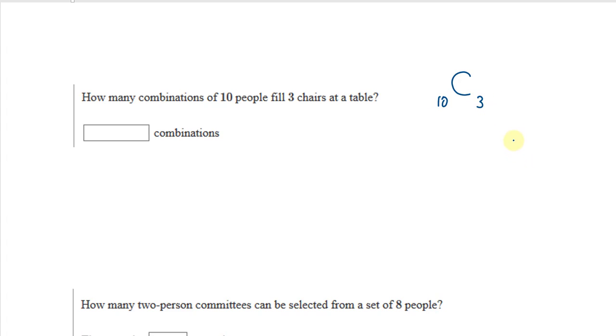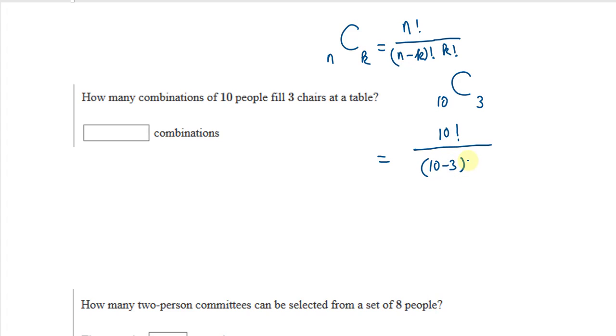The formula for C(n, k) is n factorial over n minus k factorial, but we need to multiply by another k factorial. So the same thing here: 10 factorial over 10 minus 3 factorial multiplied by 3 factorial. 10 minus 3 is 7, so that is 7 factorial times 3 factorial.